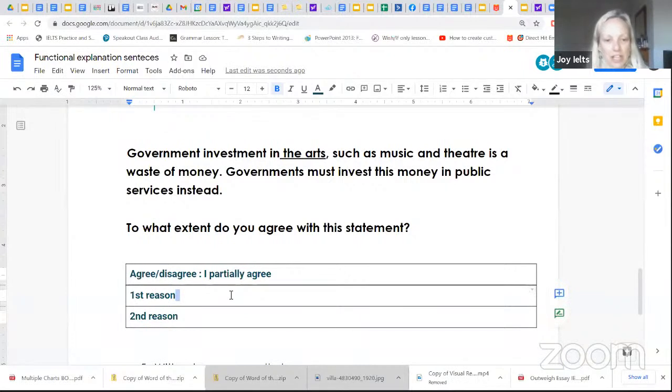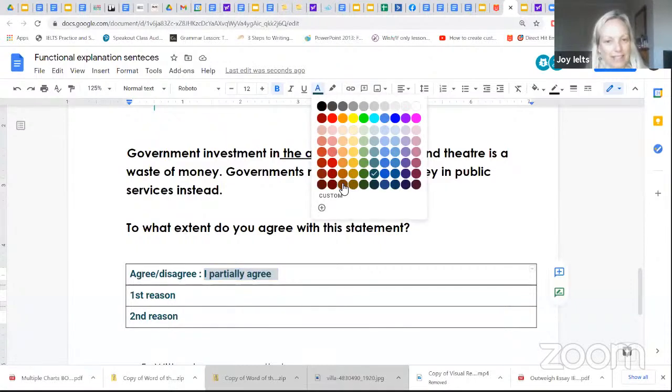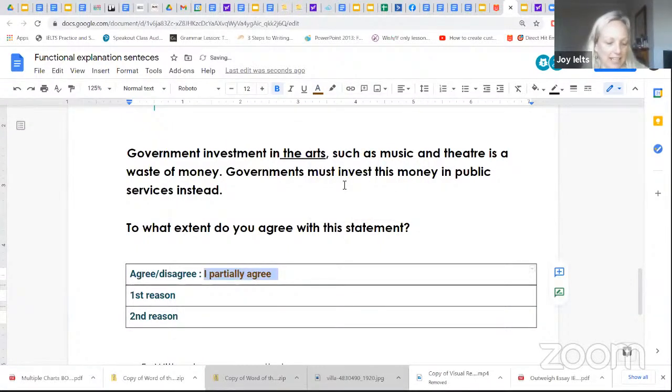Okay, so you partially agree, person 1. Can you tell me your reason for one side and your reason for the other side? And can I get your ideas in Facebook?